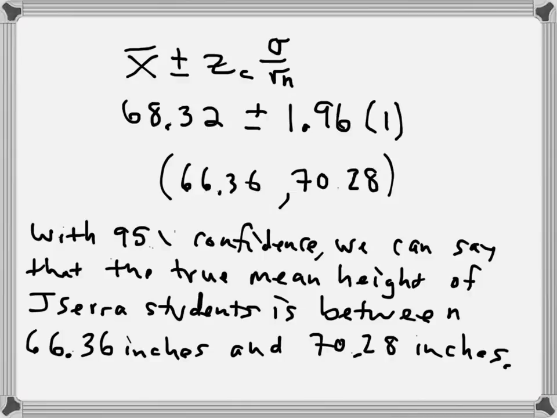Either the actual true average height is in that interval somewhere, or it's not. Why? Because this isn't really a chance event. I don't know what the true average height of JSerra students is, but it exists somewhere. In theory, we could just pause time right now, get everybody's height, and we'd have it, right?